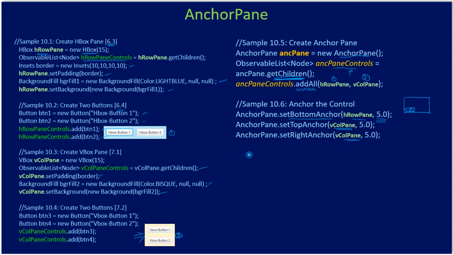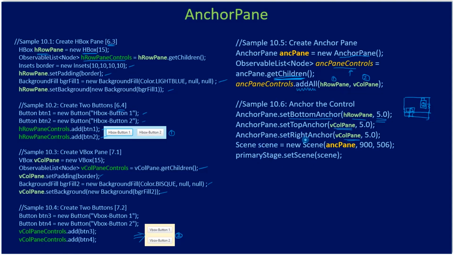Similarly for this one, set top anchor 5 and right anchor 5. This is the location for our vertical box, and this is 5 and this is 5. That's how we are anchoring it. For this one we set bottom anchor, so this one is 5. Alright, now we will go to the demo and experiment with this.